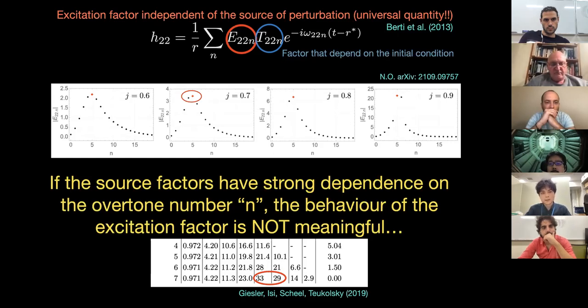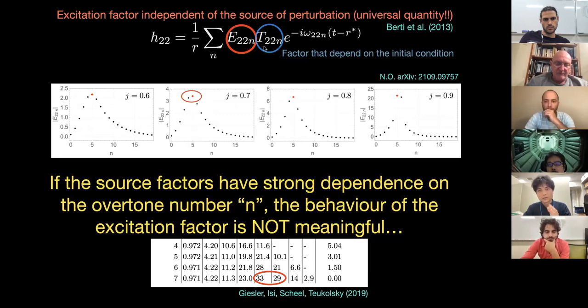However, we have to be careful, since the amplitude of each quasinormal mode is determined by the product of two factors, not only this one. The source factor is also important. We can't ignore the source factors.